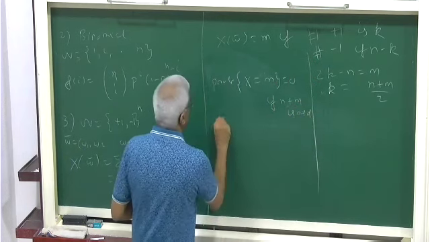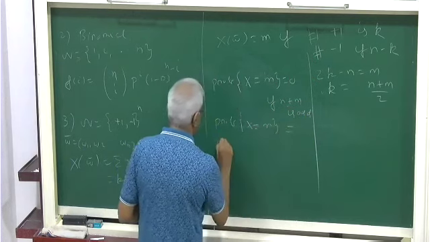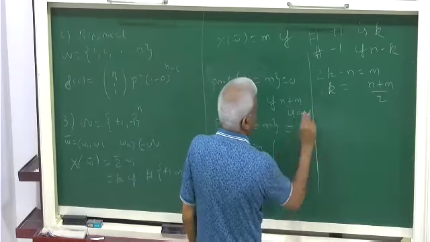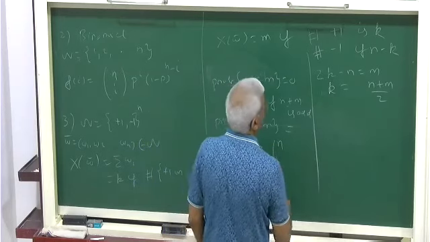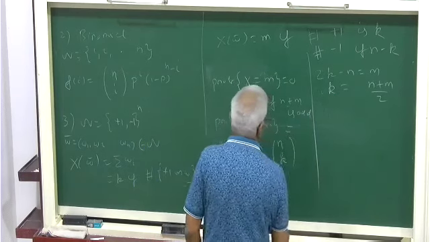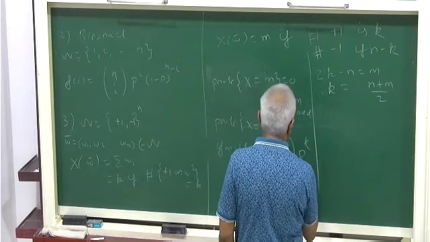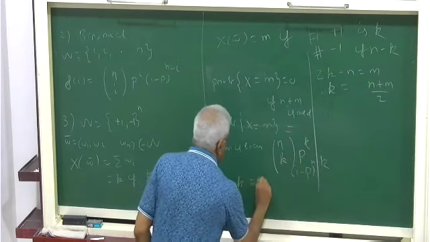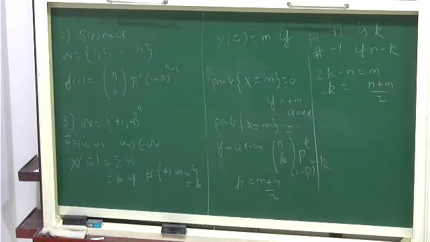And the probability of X equals m, if n plus m is even, is: you have to take n choose k of them, and then p power k, 1 minus p power n minus k, where k equals (n plus m) by 2. Is that okay, no?